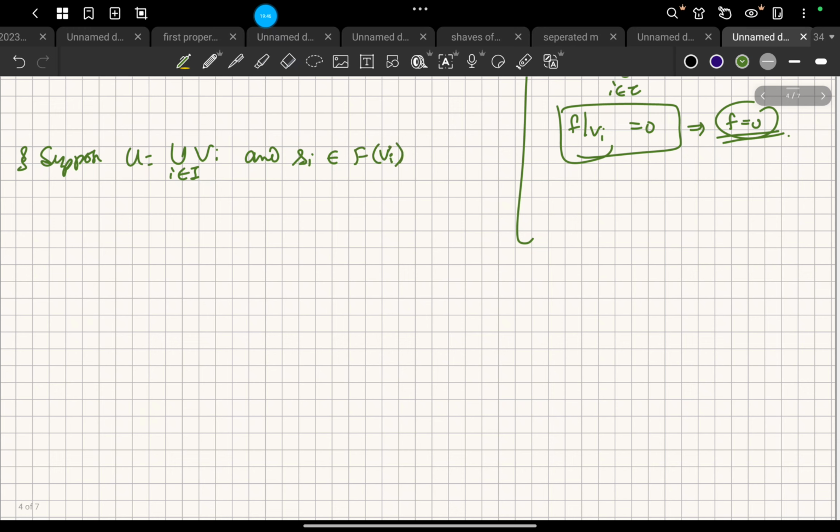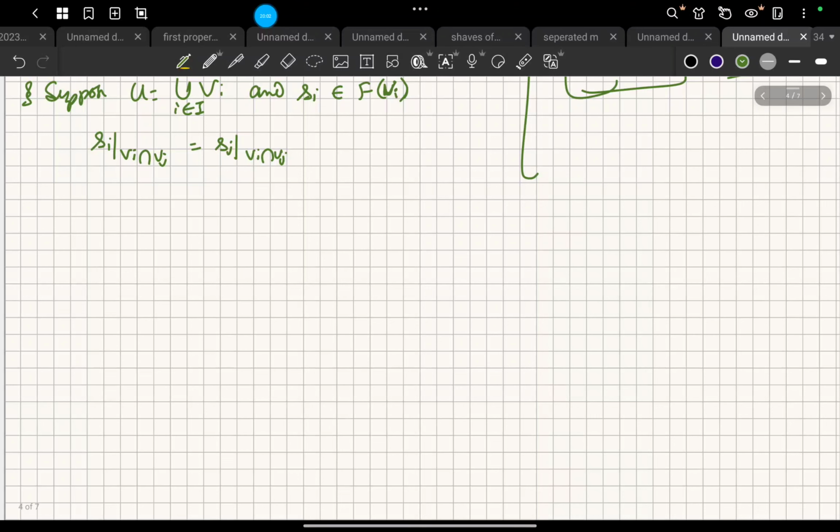We have some sections from each Vi such that if we restrict each section to Vi intersection Vj, they agree in the intersection.